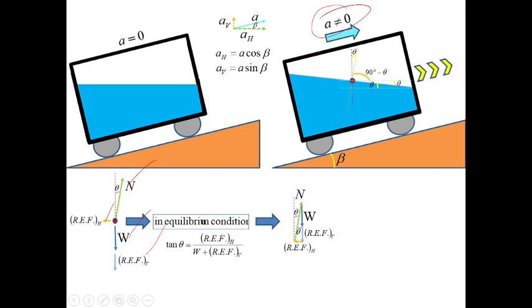And then, tangent theta, opposite over adjacent. Ito, opposite. Ito yung adjacent. Pag adjacent, yung malapit dun sa angle. So, opposite over adjacent: REFH over weight plus REFV. Okay, so tangent theta equals MAH over MG plus MAV.